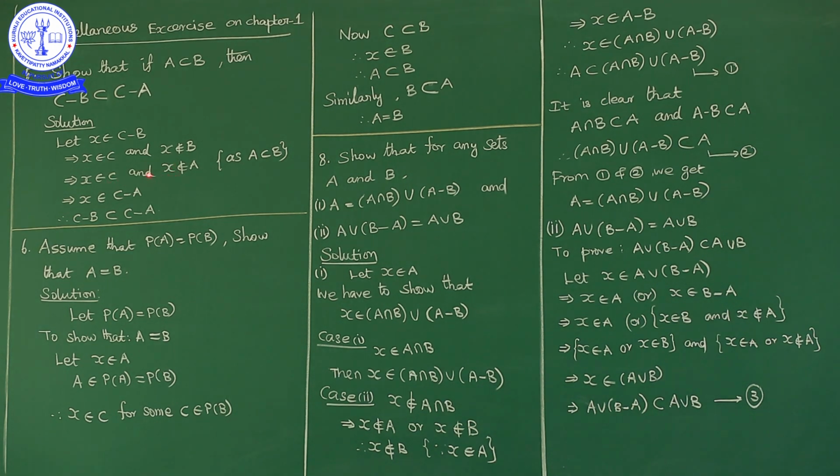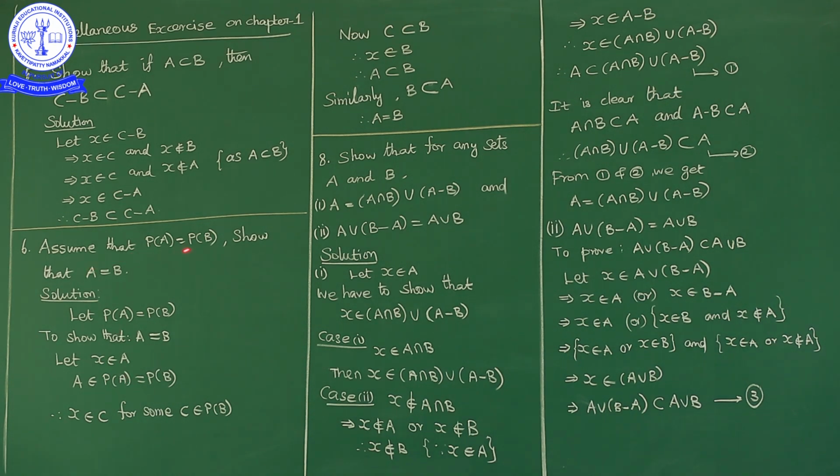So, x belongs to C and x does not belong to A, it means x belongs to C minus A. So, x is an arbitrary element of C minus B, we proved that x is also an element of C minus A. So, C minus B is a subset of C minus A. Okay. Next question.